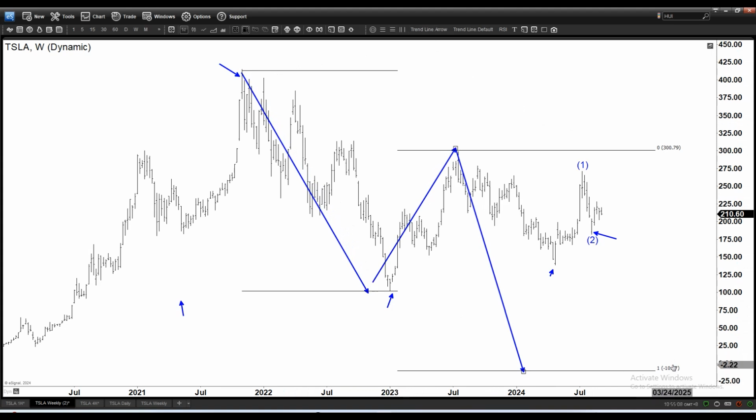Now that will go to a negative number, which is never going to happen unless Tesla goes bankrupt. And even if it goes bankrupt, it's going to go to 0. It's not going to go to a negative number. So we can rule that out. So basically we are running out of space on the downside. That means we can assume this is a major low that will not be broken, right?